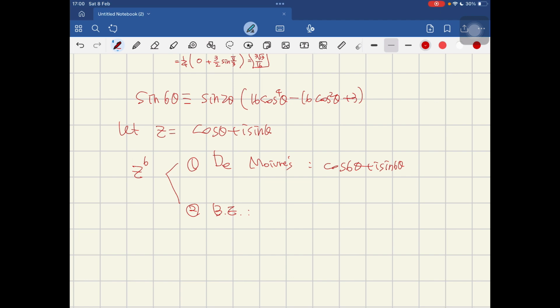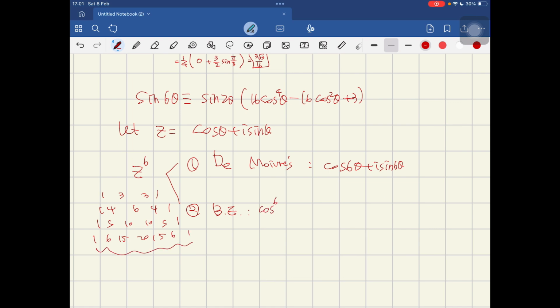Binomial expansion. The coefficients are 1, 6, 15, 20, 15, 6, 1, so I need to use this.